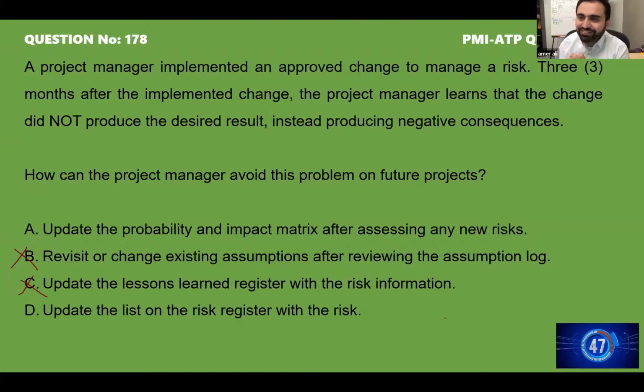We never update the matrix. What do we update? Risk register. Alagu, do you see risk register anywhere in the option? Yeah, D. You guys went through all the options.